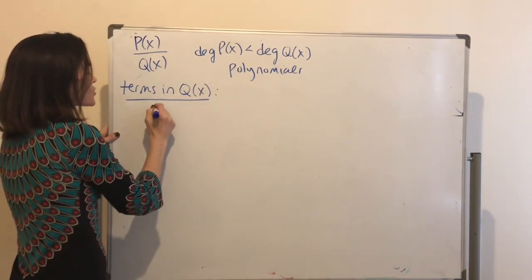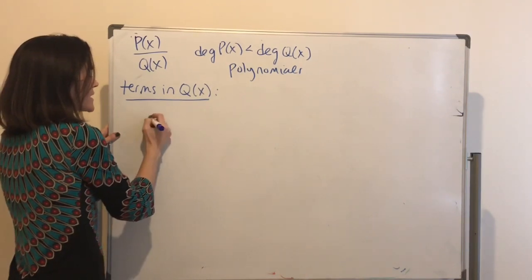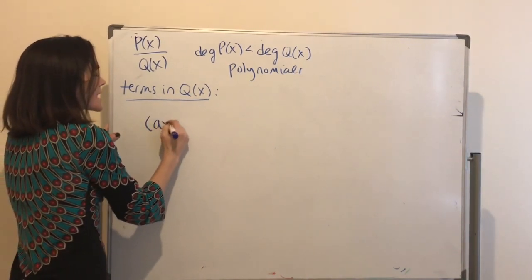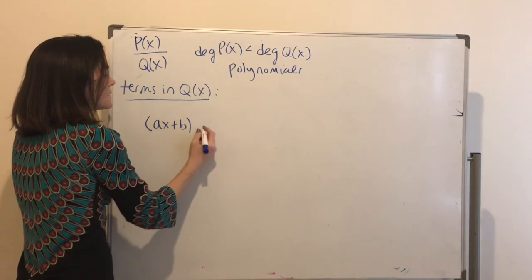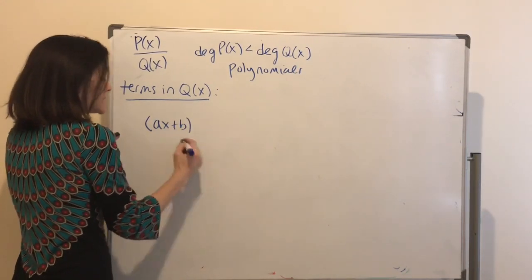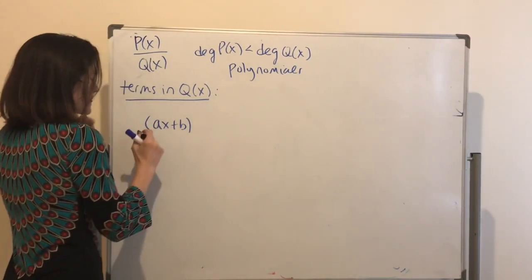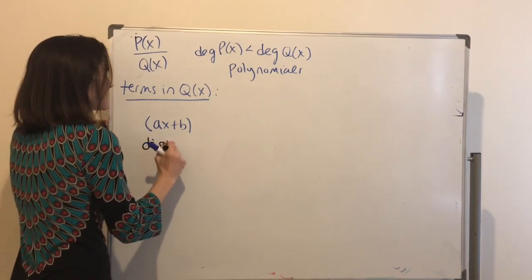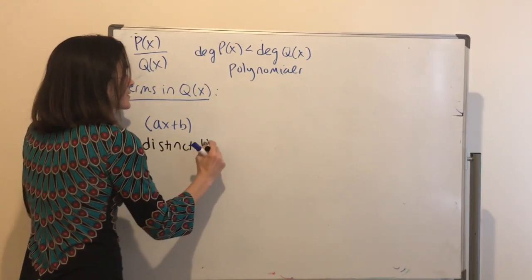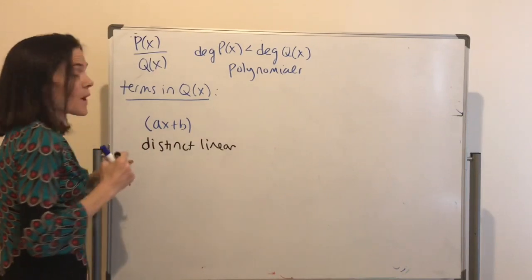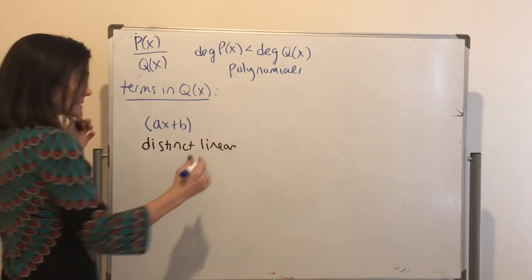Well, if you see a term that's ax plus b and it's distinct and linear, well, we just saw that in the last example.